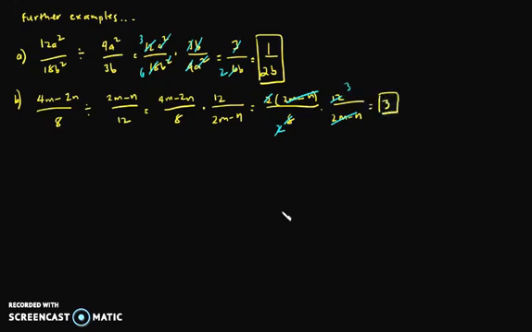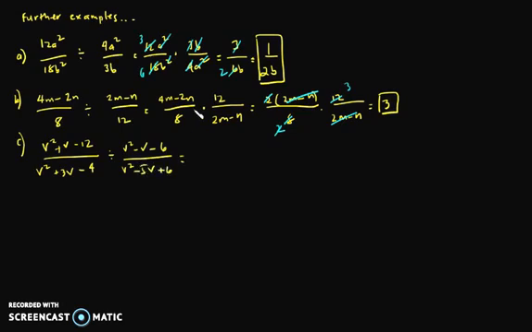Next example. How about if I have b squared plus b minus 12 all over b squared plus 3b minus 4 divided by b squared minus b minus 6 all over b squared minus 5b plus 6.